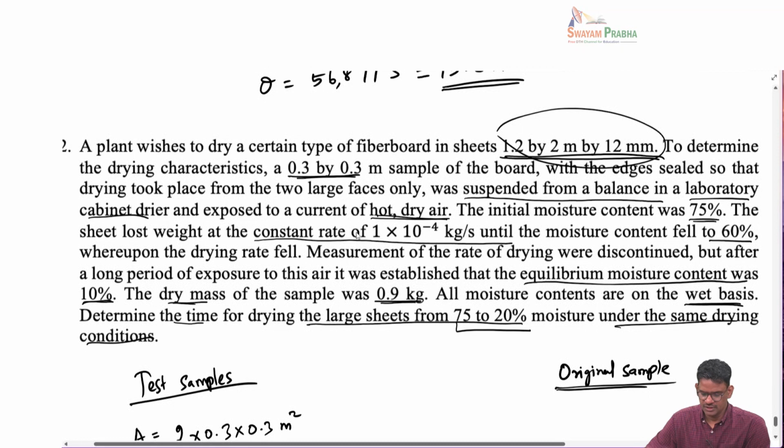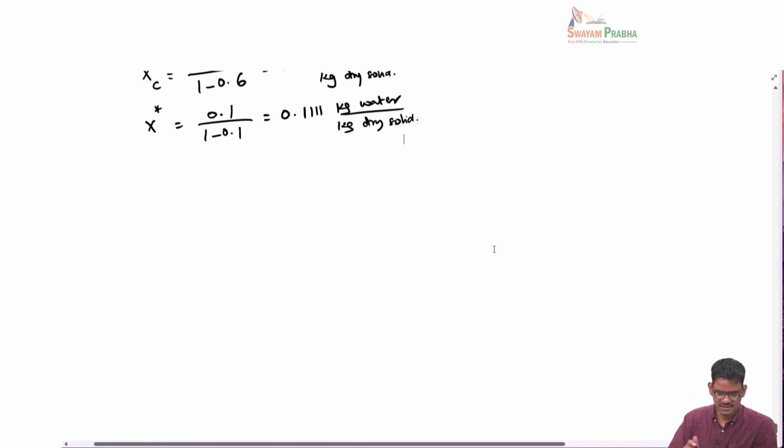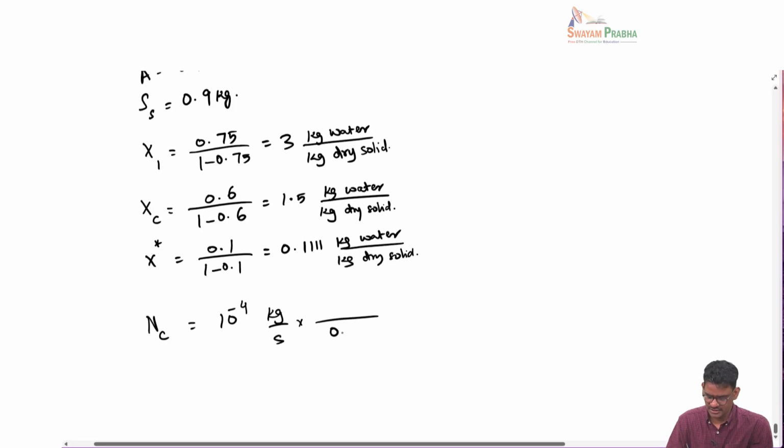Now the constant drying rate is needed in terms of kilogram per meter square second, so we have to convert these units. The drying rate here is given in terms of kg per second. We have to divide this by area to get it per unit area and per unit time. So NC is 10 power minus 4 kg per second, and then we divide by the area, which is 0.18 meter square.